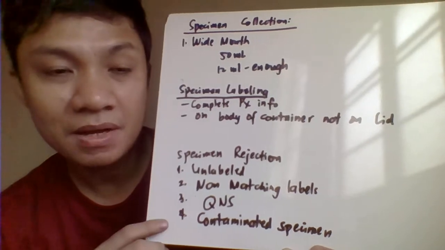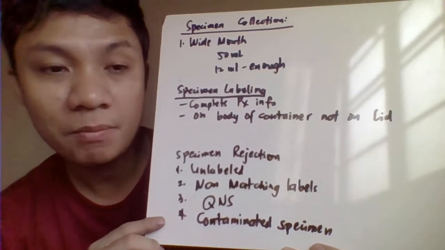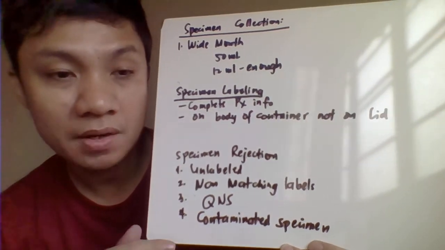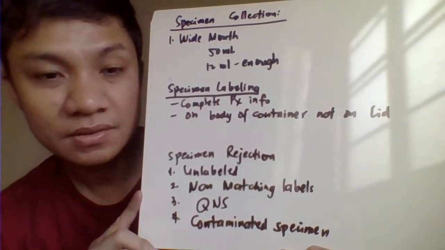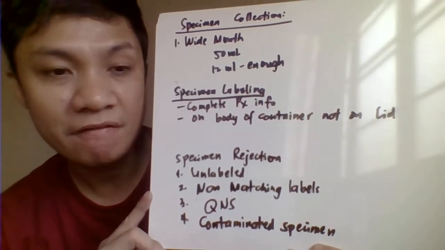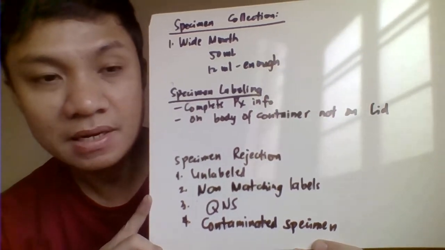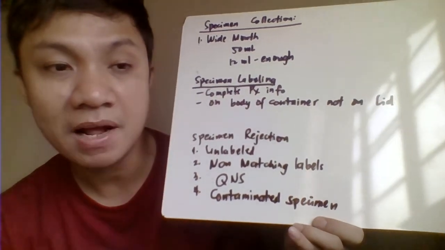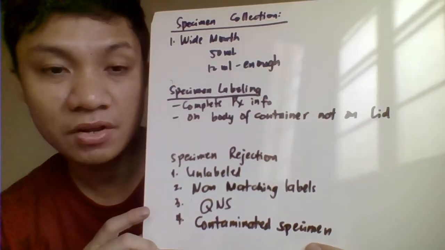When you're collecting the specimen, the patient should deliver it to the laboratory within 2 hours of collection. If more than 2 hours, you need to reject that one because of course, an unpreserved specimen would have different effects, especially on the different chemical constituents and even the cellular constituents dissolved in your urine sample.